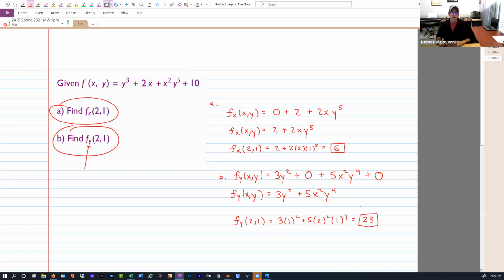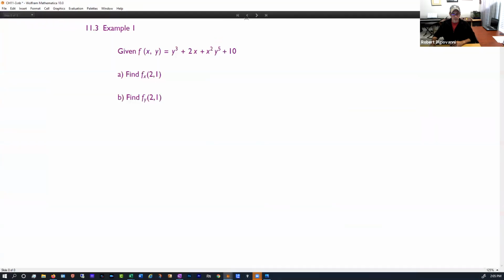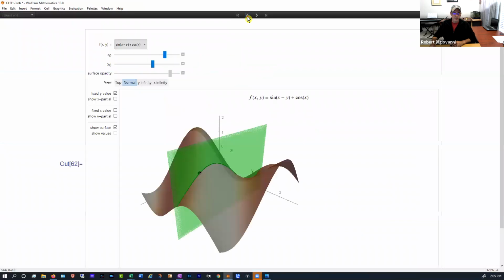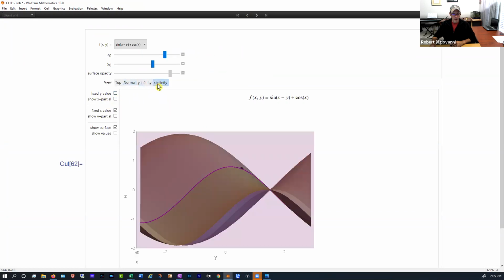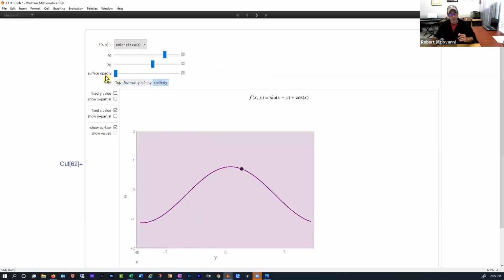Okay, good. So it seems like here what we've done is we've taken the surface, and this time, instead of cutting it with the plane that way, we cut it with the plane this way. And we looked at it from the side, and we took out the function, and we fixed, this time we fixed our x to be 2, didn't we?